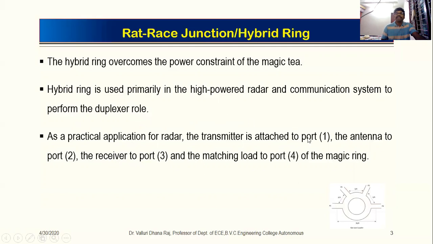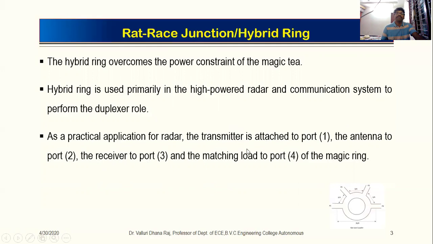When I'm giving input at port 1, it may be shared between port 2 and port 4. At port 2, the antenna has been connected. So when the transmitter is active, the input given at port 1 will appear across port 2, that is the antenna, and also across port 4.